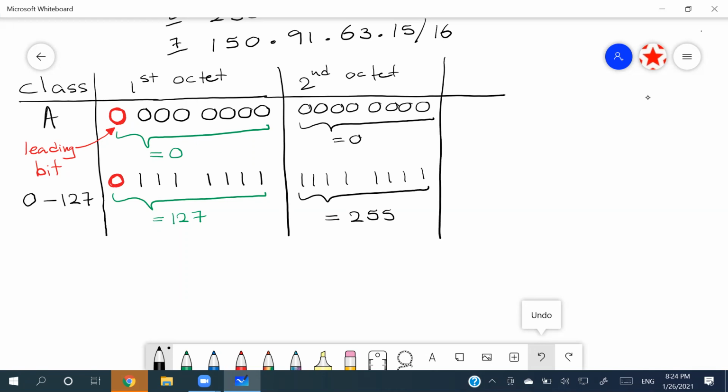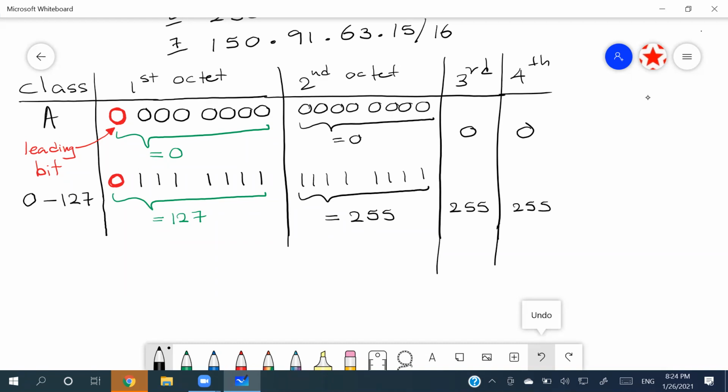So likewise the third and the fourth contain the same values from 0 to 255, like it happens in the second octet.